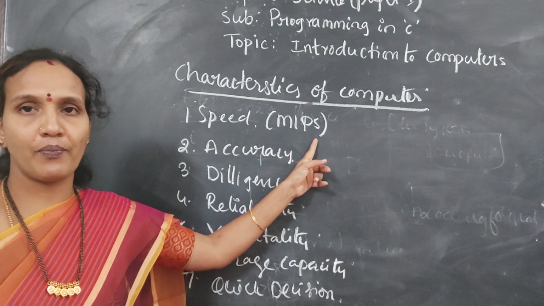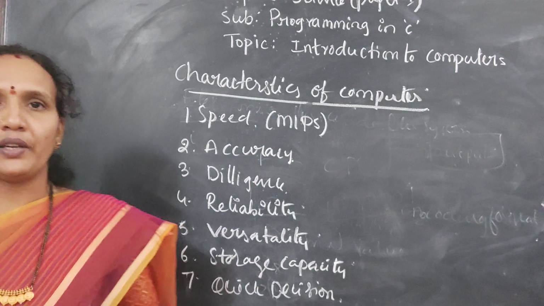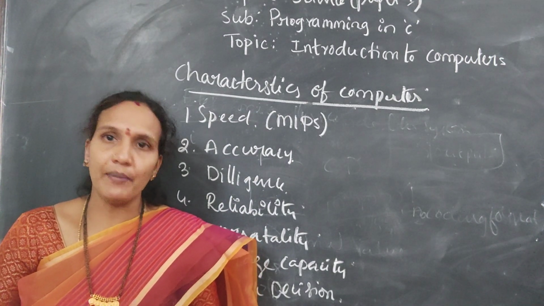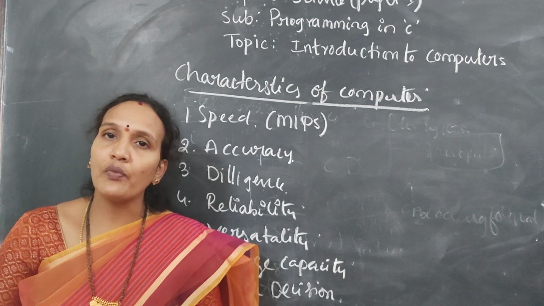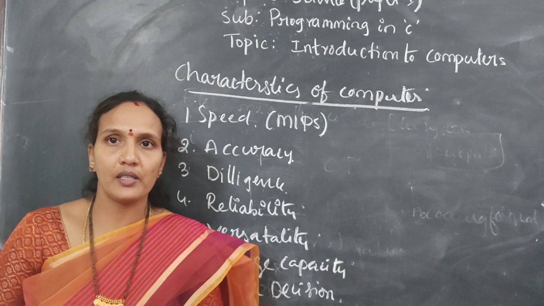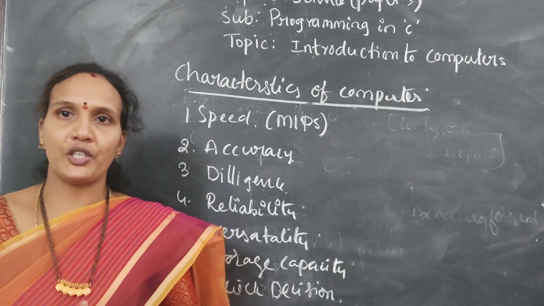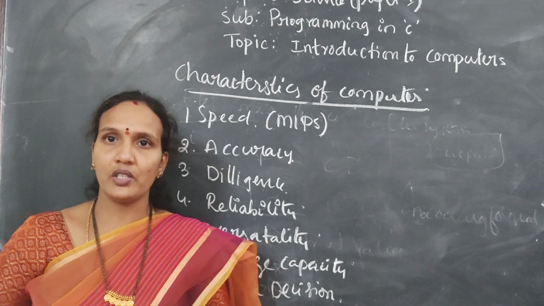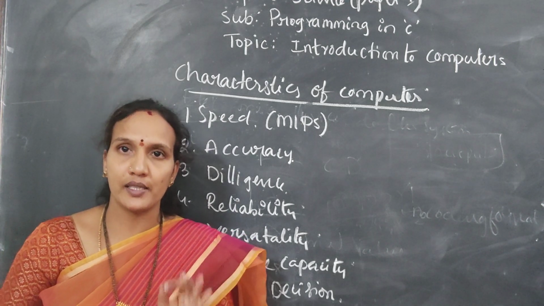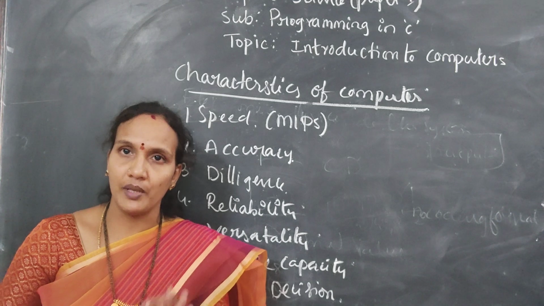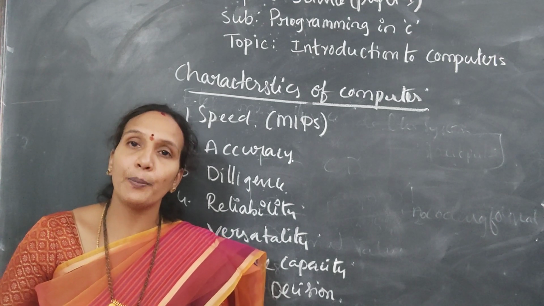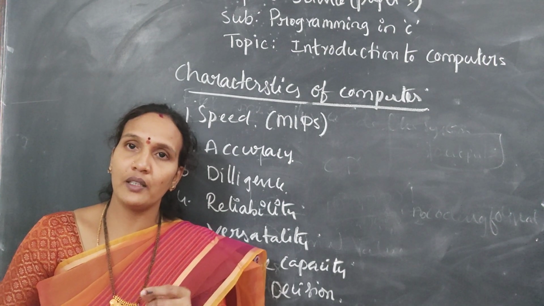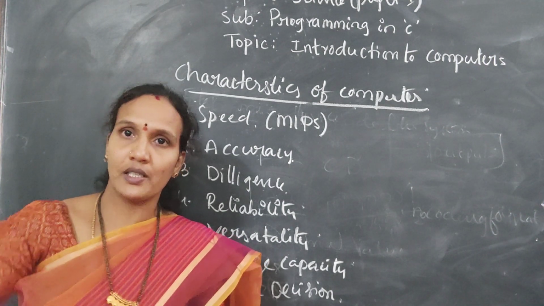It's very, very important. Now next, accuracy. Accuracy means without any mistake. One of the main characteristics of a computer is that it is a very accurate machine. It will perform all the mathematical and logical calculations without any mistake. Sometimes it may produce a wrong result, but that is not a mistake of the system.